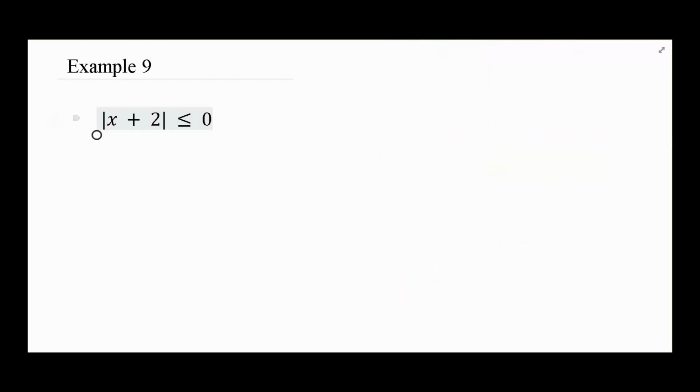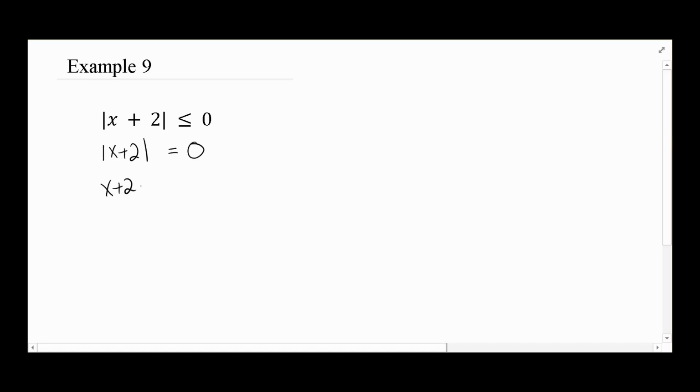Here's another situation that's kind of weird as well, just in how we're going to write our answers, because so far all of our answers have had an infinite number of answers, and so we've listed it as an interval. Now on this one, step 1 is pretend like this is an equation. Do we have an absolute value by itself on one side? Yes. Is the other side non-negative? Yes.